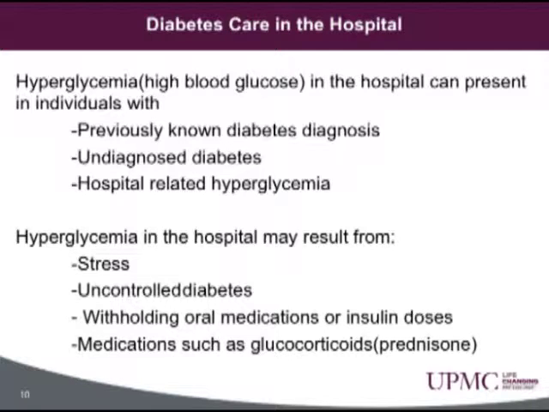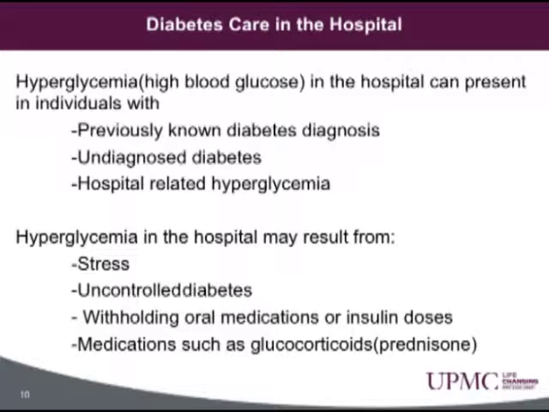So now we're going to talk a little bit about diabetes care in the hospital. Hyperglycemia, that's high blood sugar. And in the hospital, it can present in individuals that already have a diagnosis of diabetes, or if they detect it in the hospital by blood tests while you're there, or it can be related to illness in the hospital causing high blood sugar.